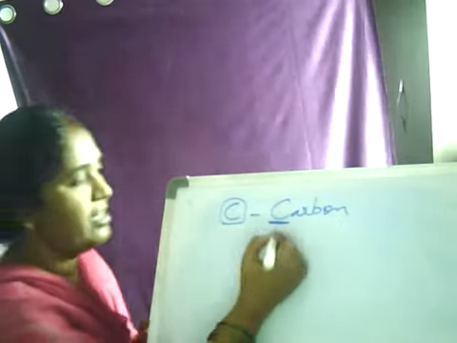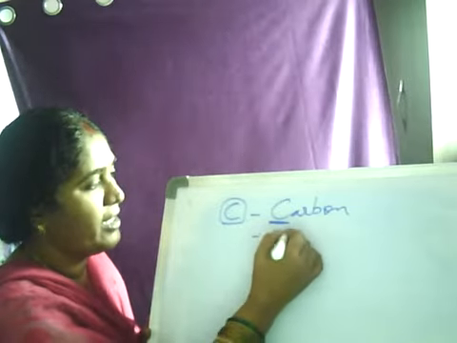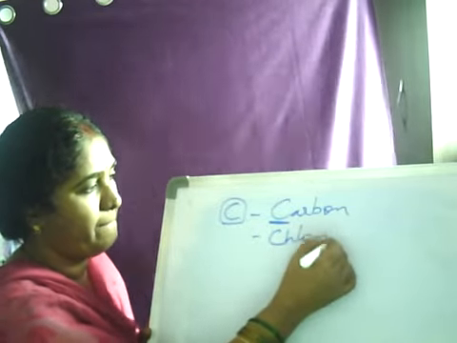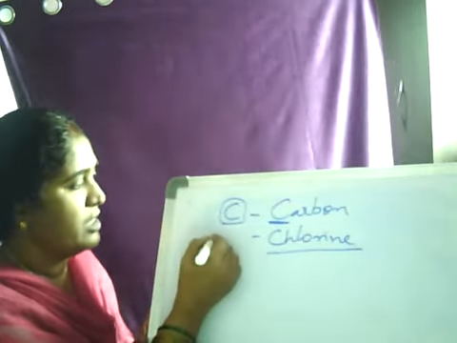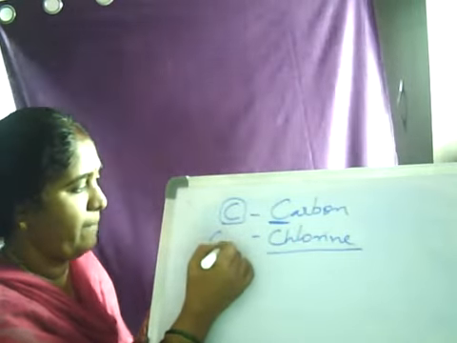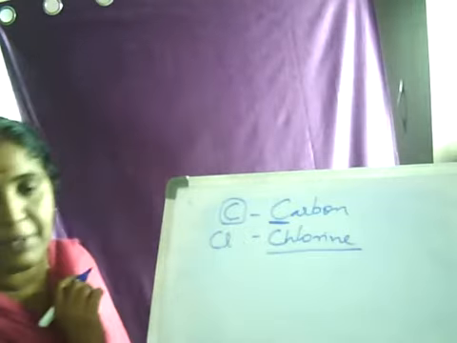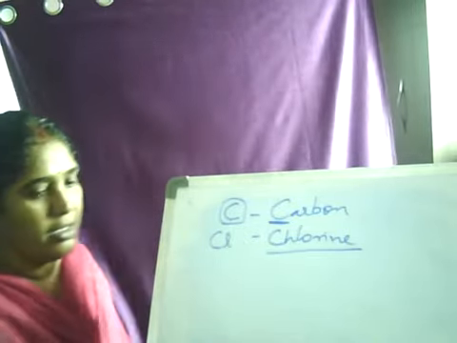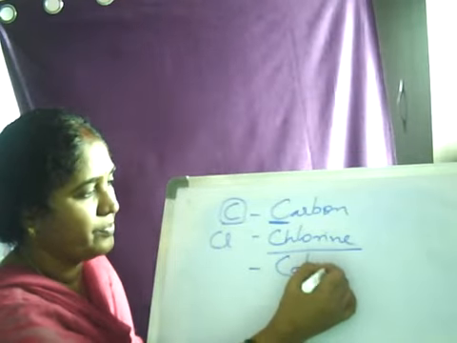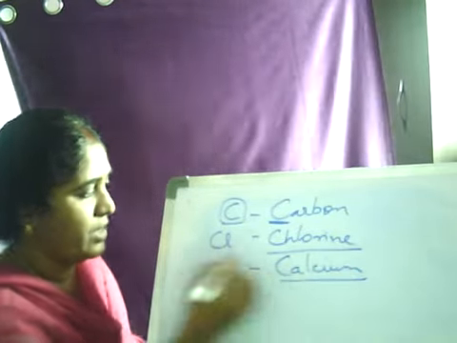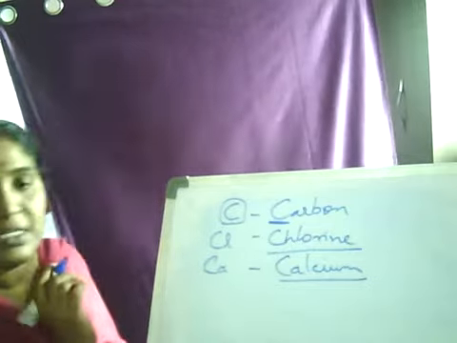So that's the reason, for example, if I take chlorine, I use the second letter. It has been represented like this. If I take calcium, it has been represented by Ca.